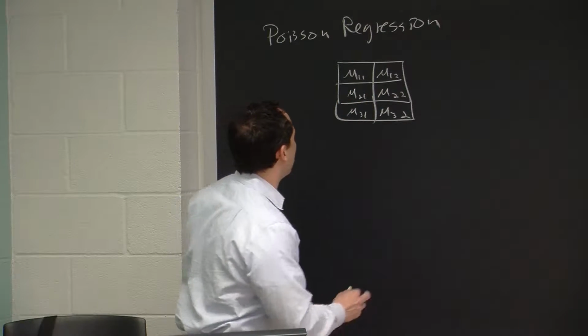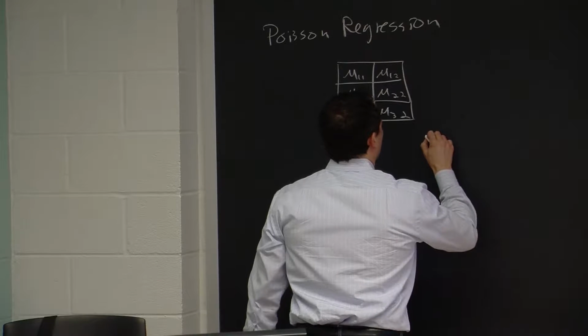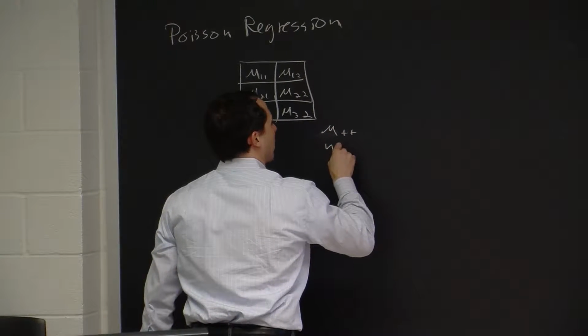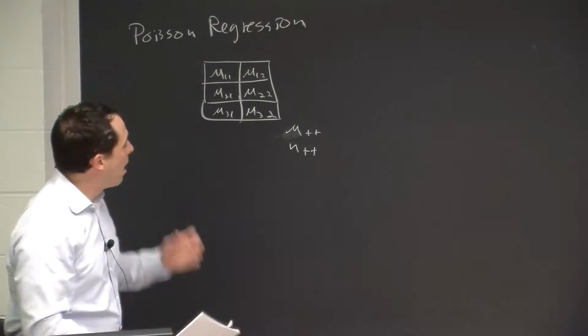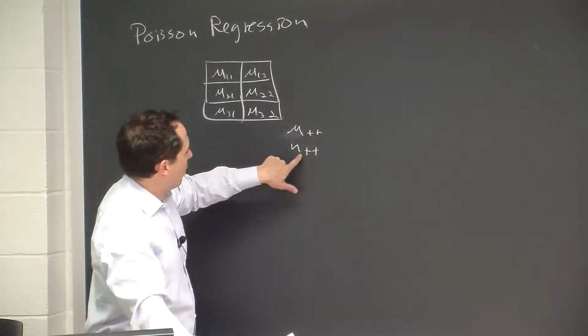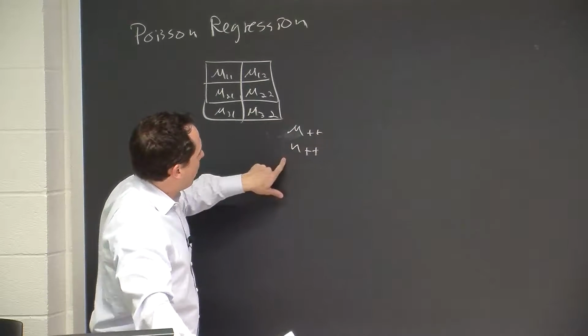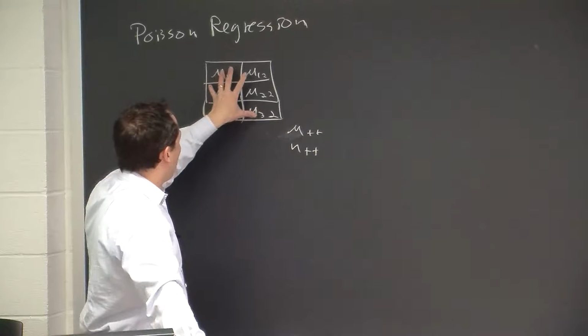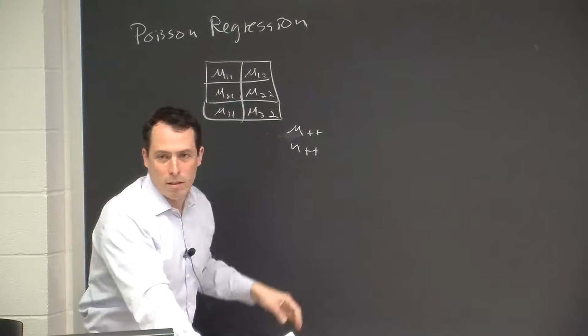So we had this idea that given a mu plus plus or an n plus plus, depending on what I'm putting in there, we could factor a Poisson sample table into a Poisson variable for the grand total, and then a multinomial distribution.